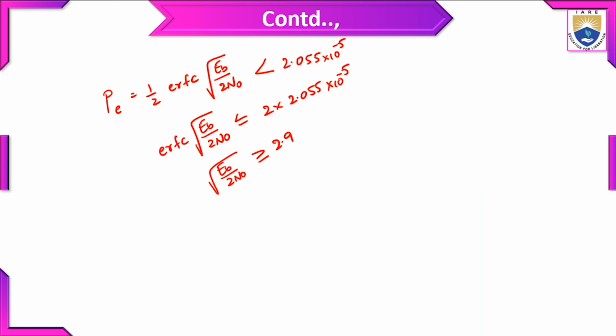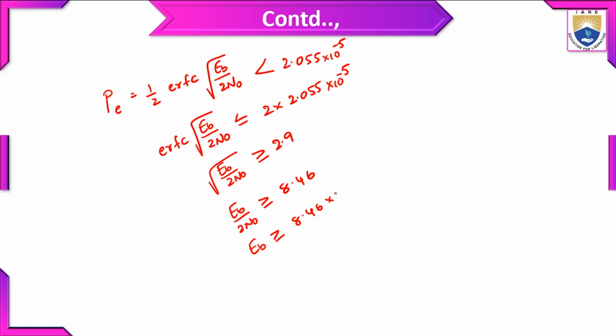Squaring on both sides, we get EB by 2 N0 greater than or equal to 8.46.